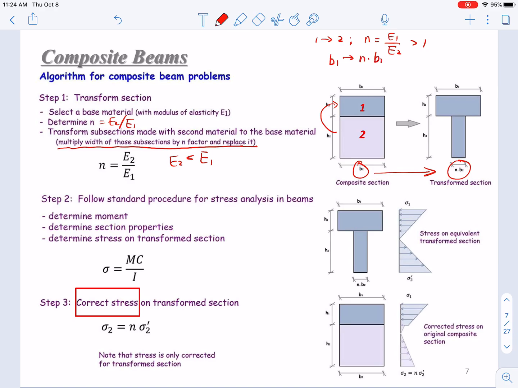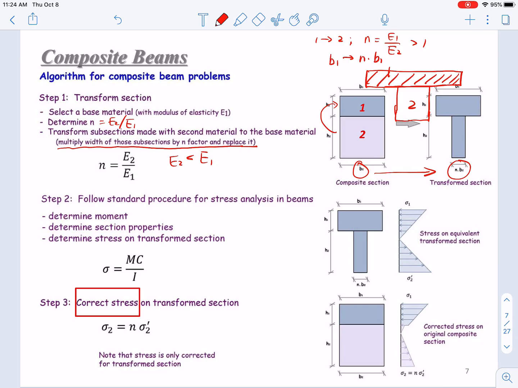So the shape after transformation will be something like this. The section 2 will not be changed, but the section 1 will become larger. It will become something like this. It's still a T shape, but just a fatter, wider T shape.